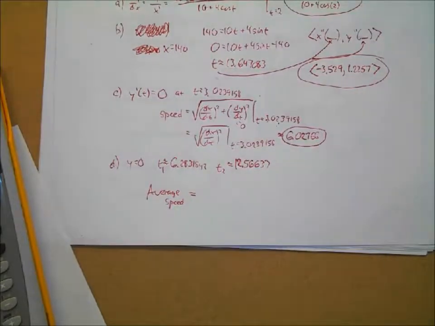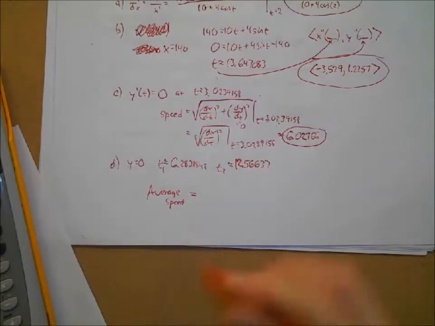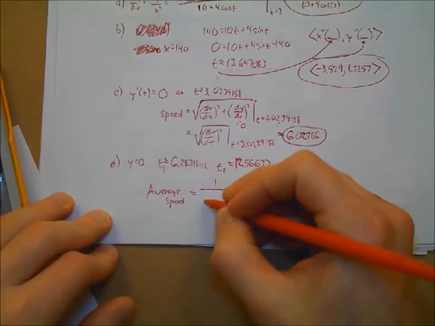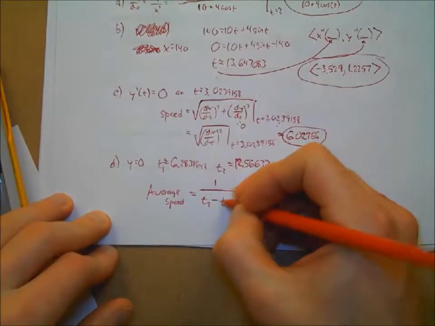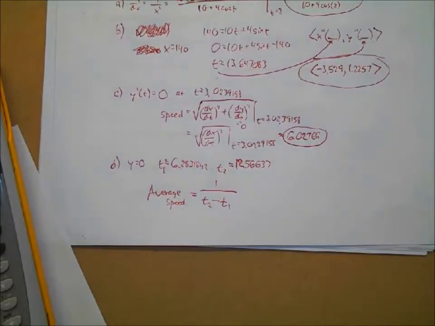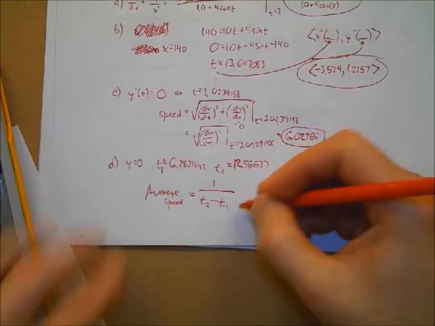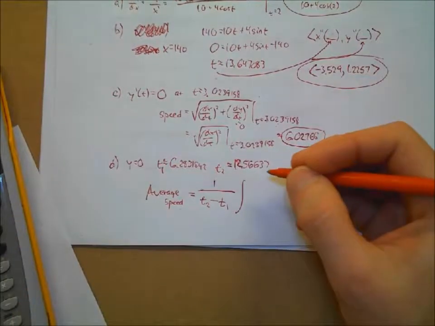Well, how have we found the average value of something in the past? We do 1 over b minus a, integral from a to b of that thing. So if we were trying to find the average speed, we're going to do exactly that. 1 over T2 minus T1 here, because I've already designated those things. I'm not going to write out those numbers again. You should be fine once you designate those in your problem to reuse them like that.